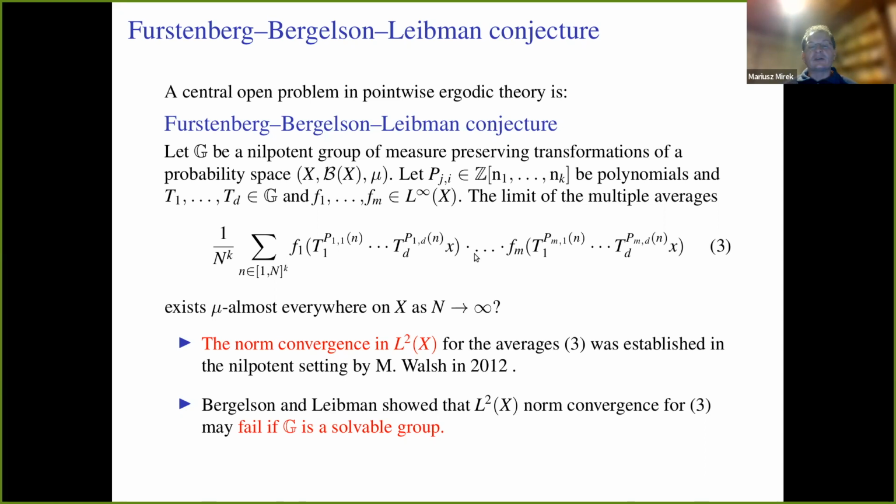The norm convergence in L2 was established even in a nilpotent setting by Miguel Walsh in 2012. Bergelson and Leibman also showed that L2 convergence may fail if G is a solvable group, that is, if we go beyond the class of nilpotent groups.